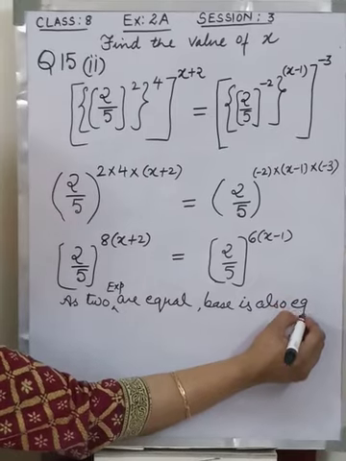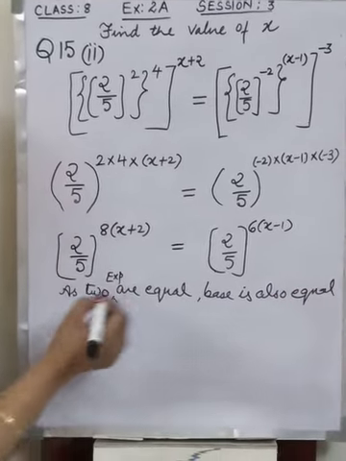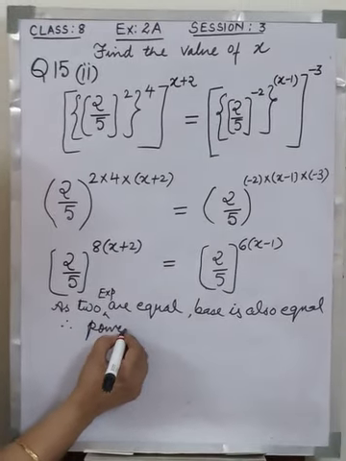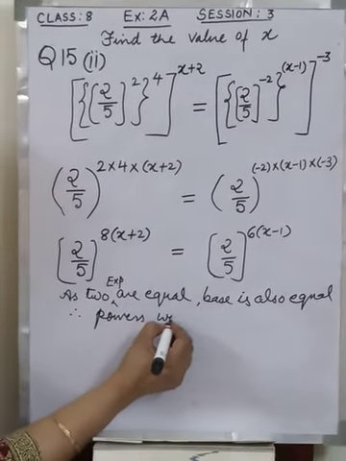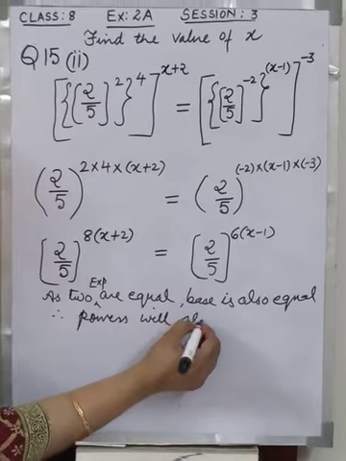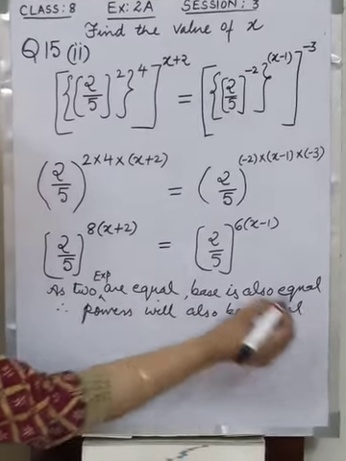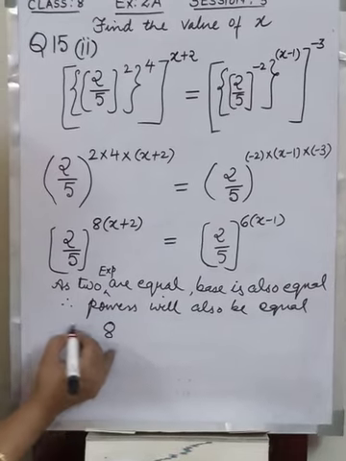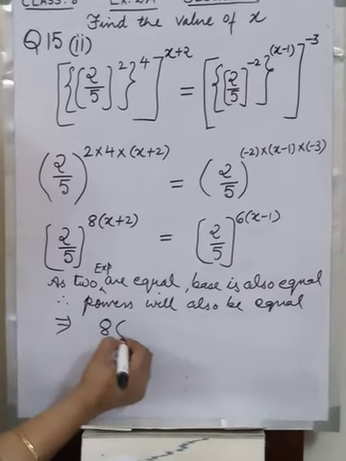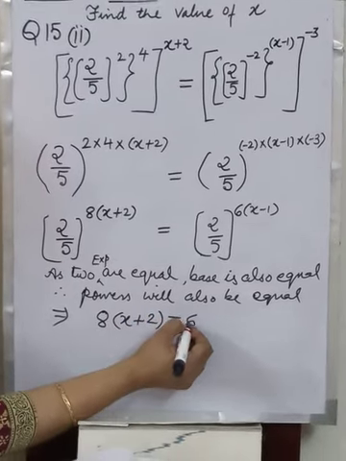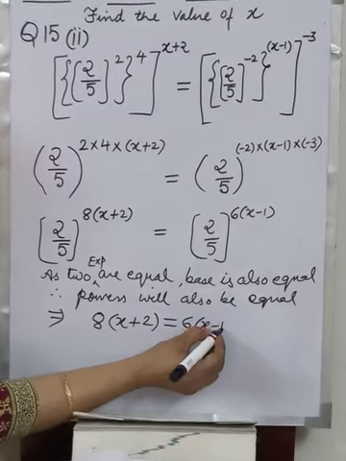No need to write, just to explain you I am writing it. Therefore powers will also be equal. So we equate the powers. So this implies 8 into x plus 2 is equal to 6 into x minus 1, and we solve it.